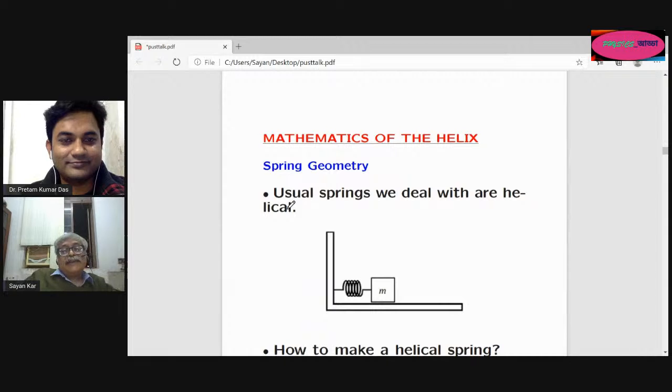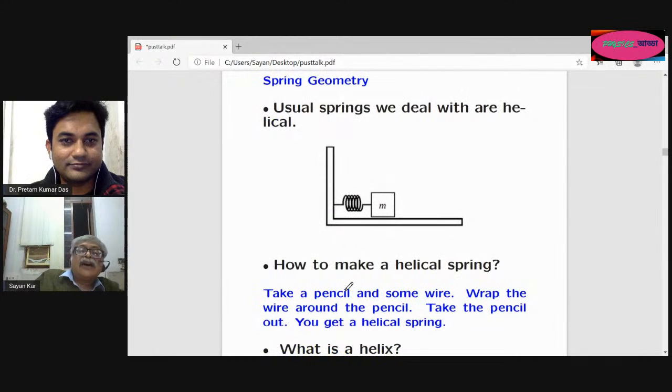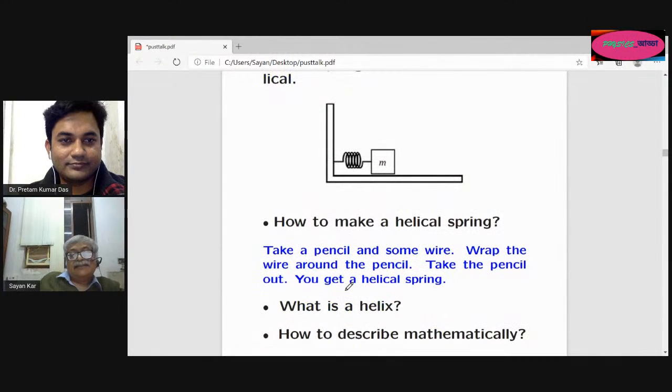Now, usually the springs that we deal with, as I said, have a cross section, and the spring is helical. So it's a helix that you see over here. The spring is geometrically or mathematically a helix. Now you can ask, how can you make a helical spring? And it's very, very simple. You take a pencil and you take some wire.